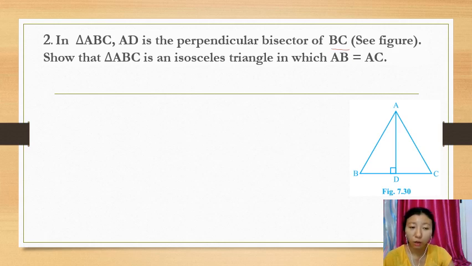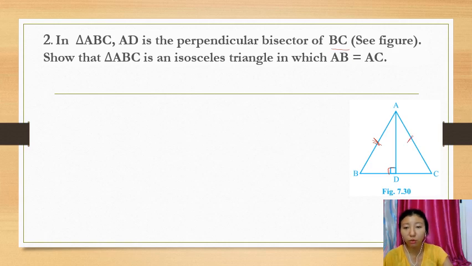You have to draw the figure, and there are half marks for the figure. AD is the perpendicular bisector, so the angle is 90 degrees. Show that triangle ABC is an isosceles triangle in which AB is equal to AC.